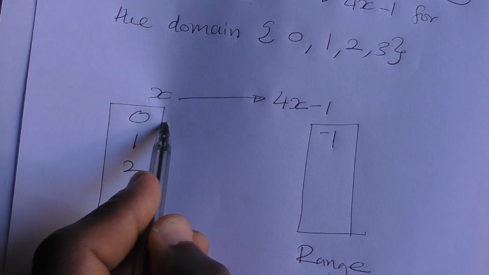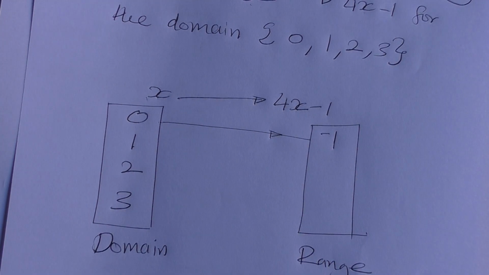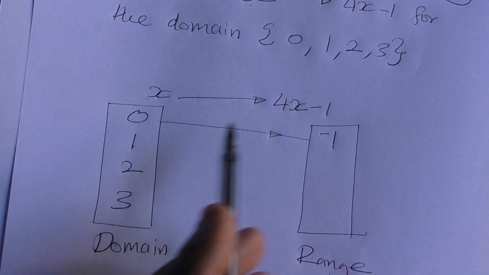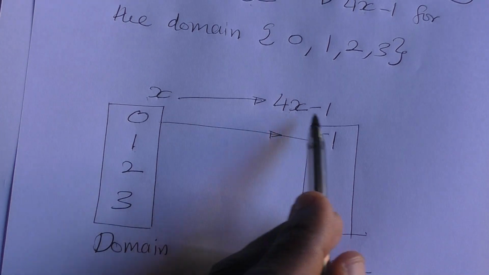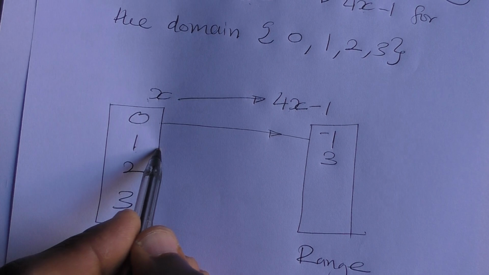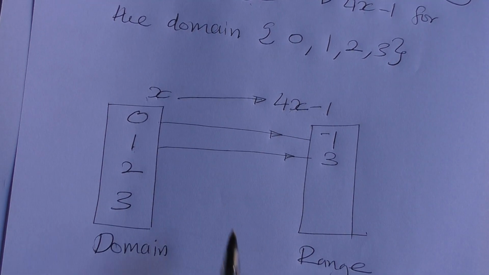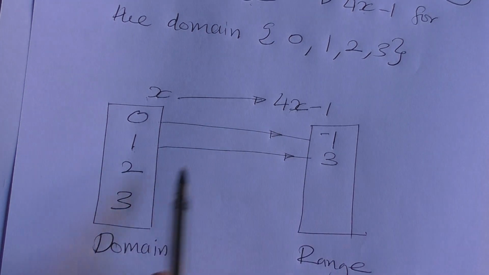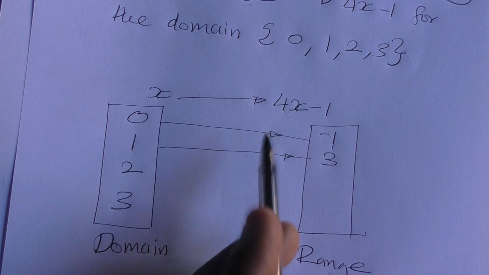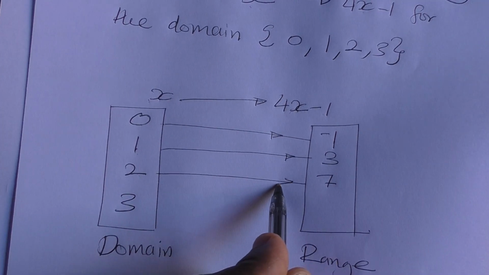Meaning 0 maps to -1. Then where there is x, we replace with 1, we get 4 minus 1, which is 3, meaning 1 maps to 3. Then where there is x, we put 2, getting 8 minus 1, which is 7, meaning 2 is mapping to 7.